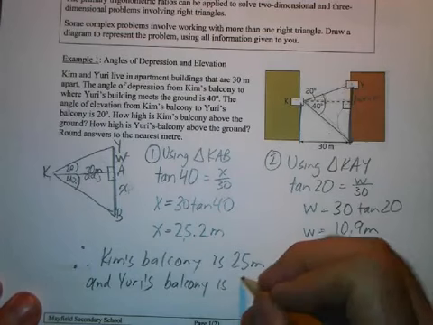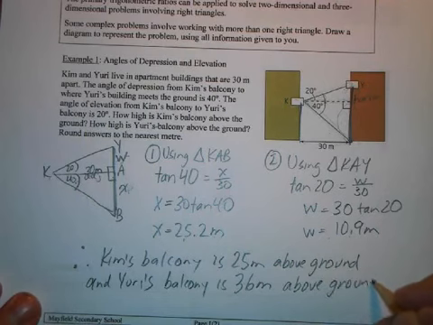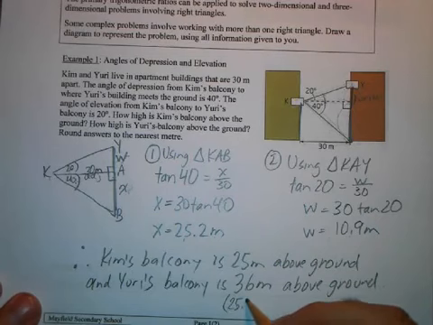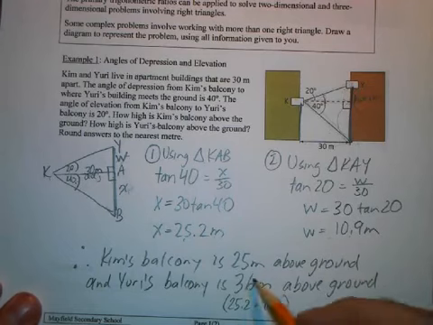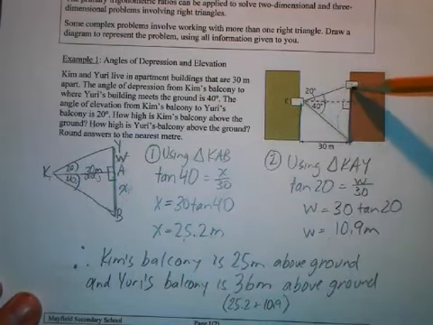If I round that, that's 36 meters above ground. And just to show where that came from, I could put 25.2 plus 10.9. Don't have to, but for your sake, you might say, well, where did that come from? It came from adding these two together because that balcony needs that side plus that side.